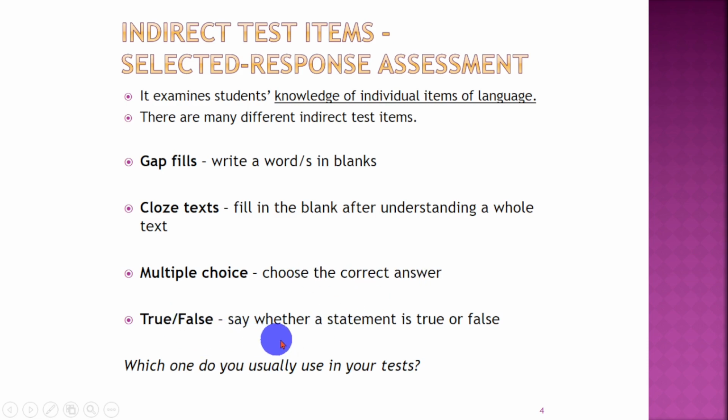True and false: say whether the statement is true or false. Basically, indirect test items are selected response assessments. They examine students' individual language or conceptual understanding of scientific phenomena or a historical point of view.